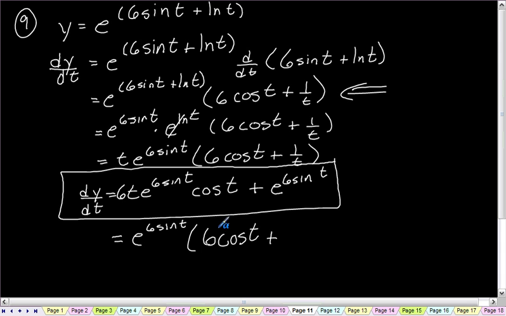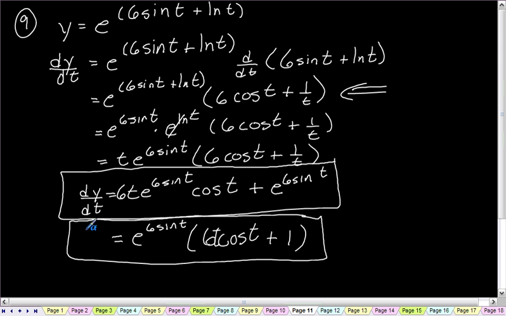That's a simpler answer, actually. Full derivative, dy/dt. This is in common, so I can pull it out, put that on the inside. And that's a lot simpler.